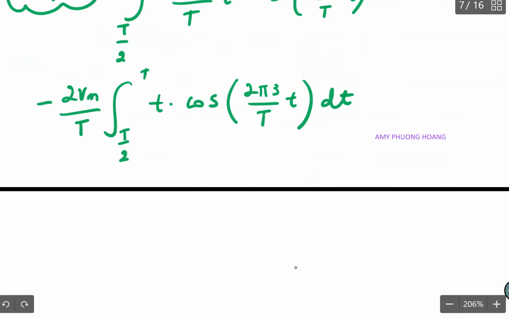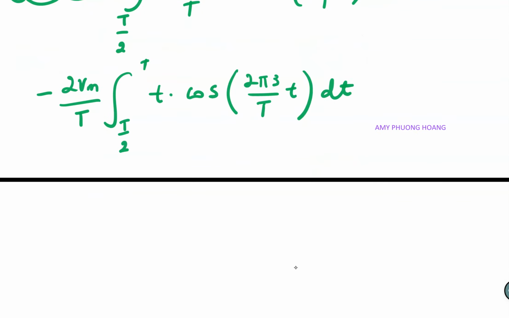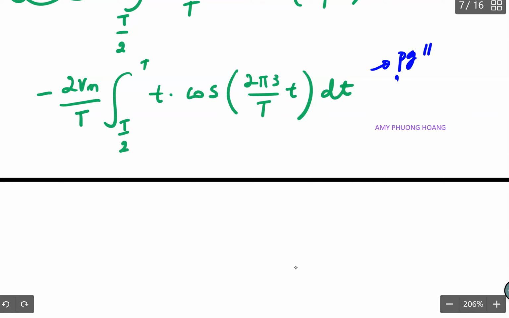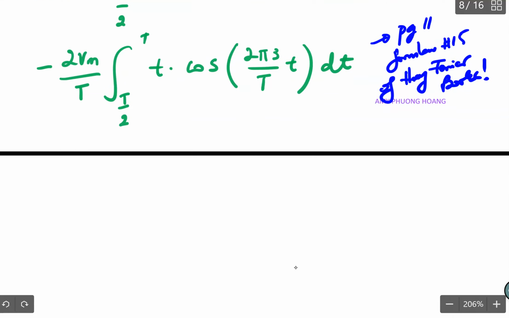Alright, okay. So the next step, again, I will also have to apply that formula, formula number 15 on page 11. So I will have minus 2 V max over t. Okay.